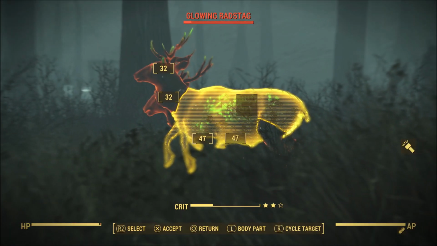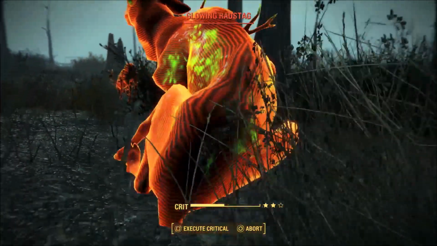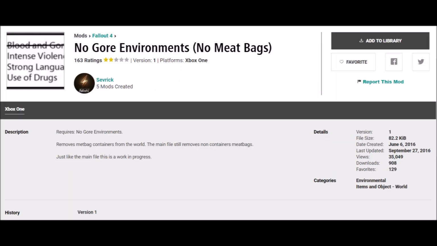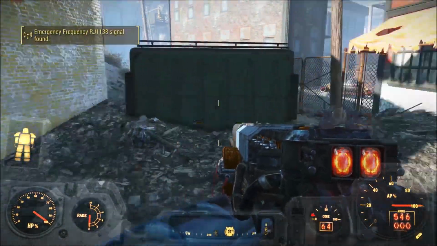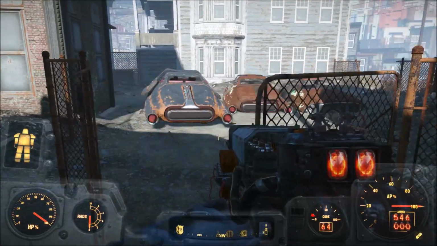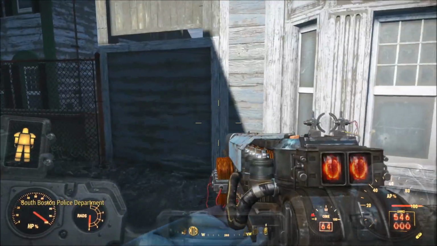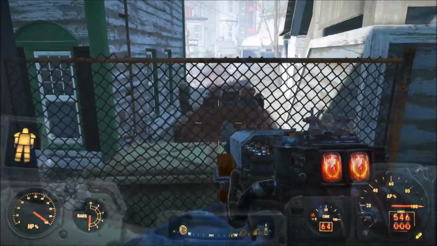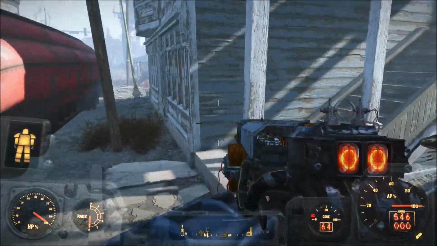The next mod on our list is also an add-on by the same modder, and this add-on will remove the meat bags from the environment. When you're playing the game, you come across a lot of meat bags that are often surrounded by blood and have guts in them, and usually they're around the super mutant settlements, because that's kind of what they feast on, I guess.